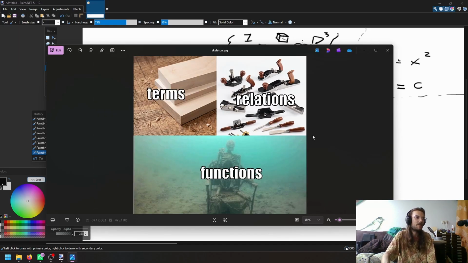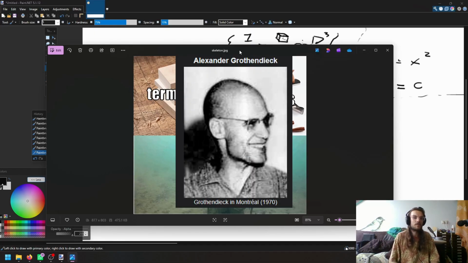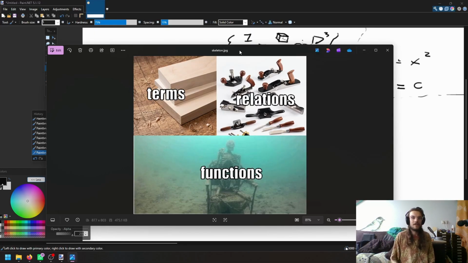And in category theory, I don't know too much about it, so don't take this as fact, but I think functions in category theory actually represent what terms represent in ZFC, and they are the important ones, and terms are kind of, I don't know if they are important in category theory, but the roles are reversed there. There were some prominent mathematicians that thought that category theory should be the way that we interpret mathematics.